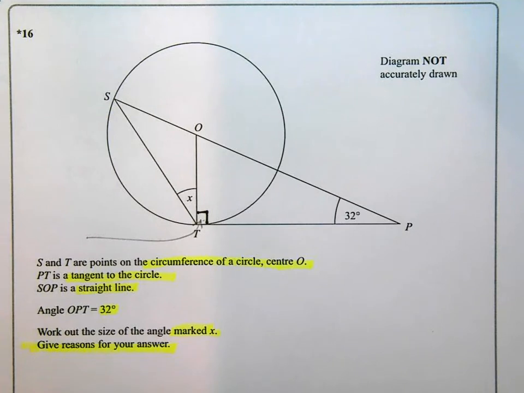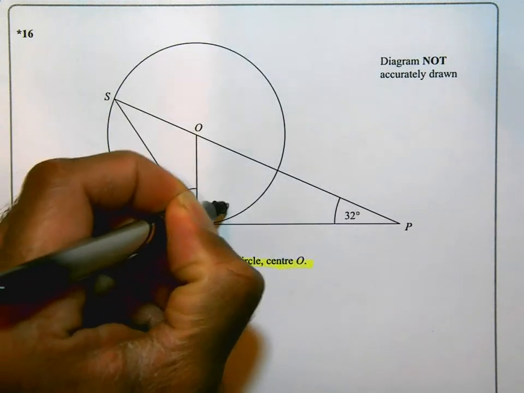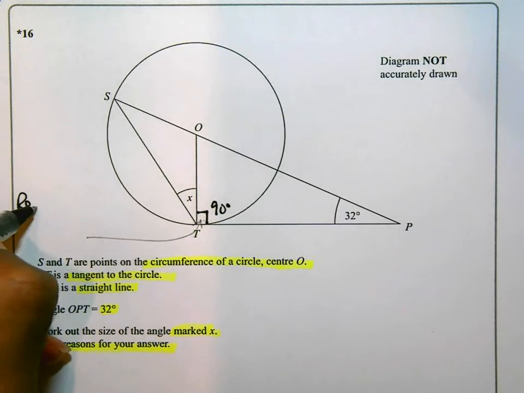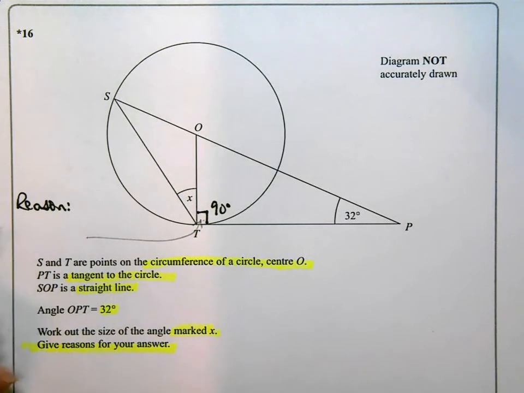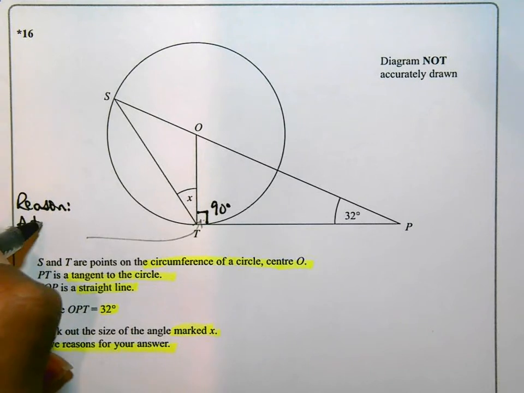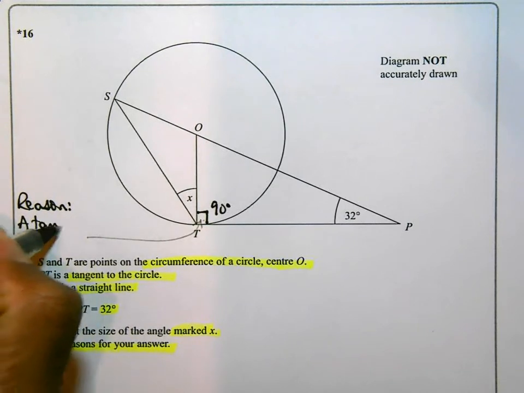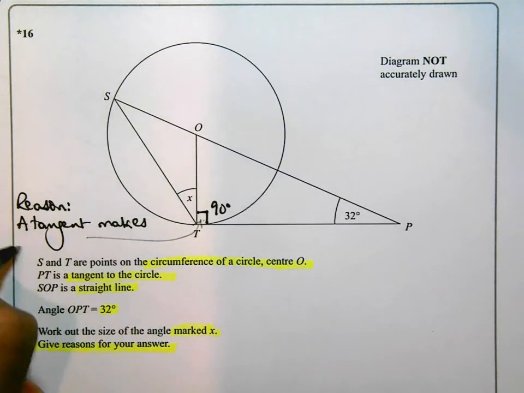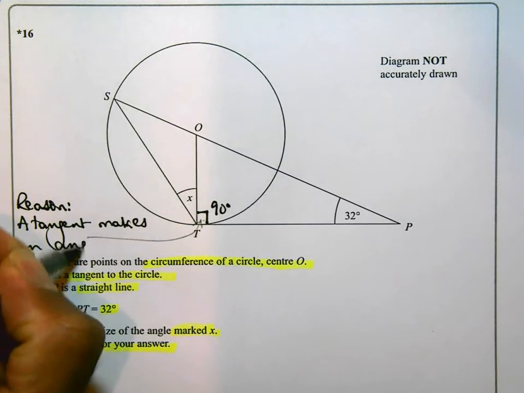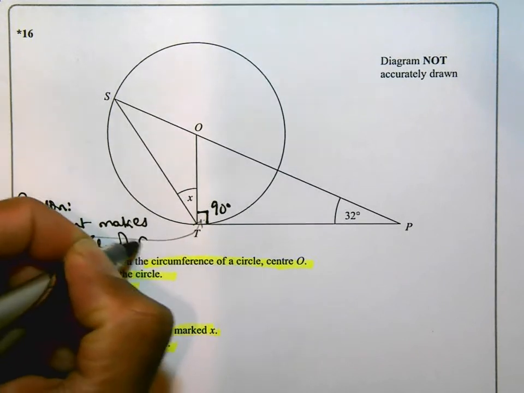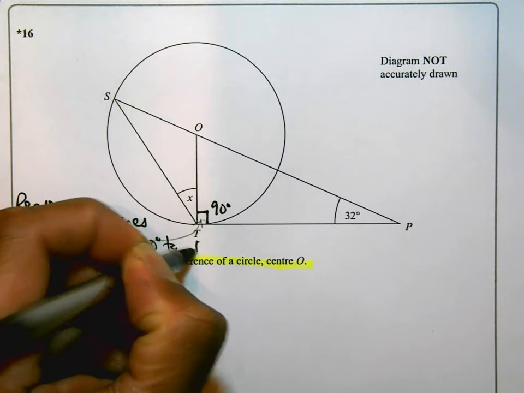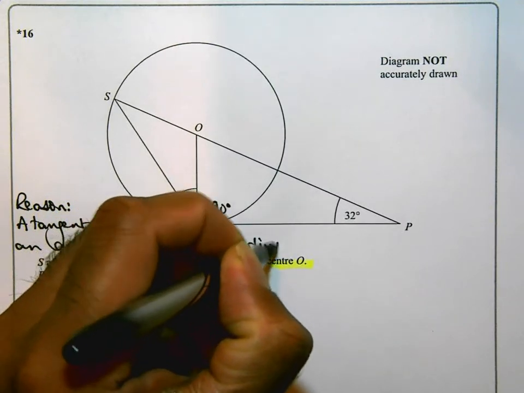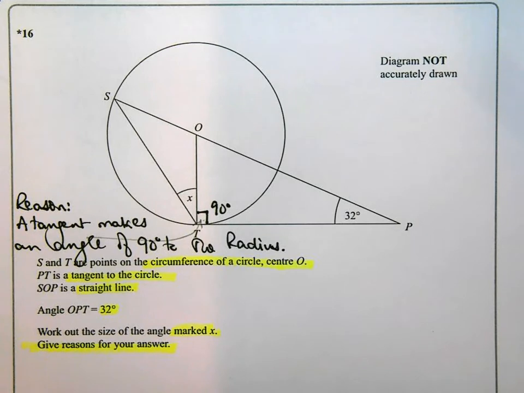So I will indicate that this is 90 degrees, and the reason: a tangent makes an angle of 90 degrees to the radius. Okay, so a tangent makes an angle of 90 degrees to the radius.